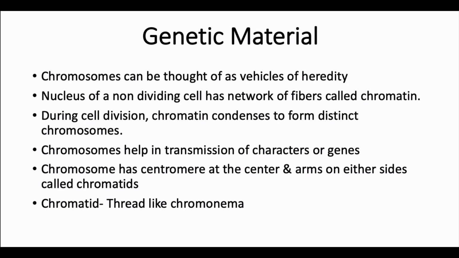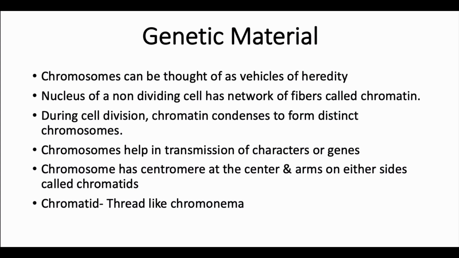That's just very tightly supercoiled condensed chromatin that ends up forming these chromosomes. Chromosomes help in the transmission of characters or traits, or genes. A chromosome consists of a centromere at the center, and it's got arms on either side of the center.